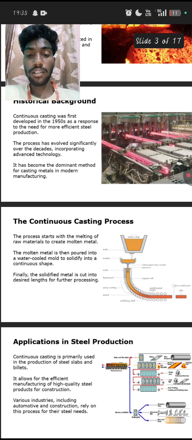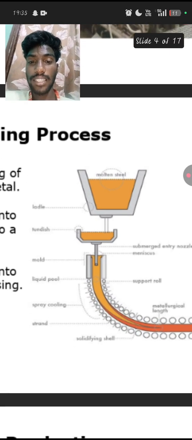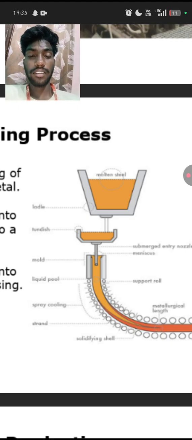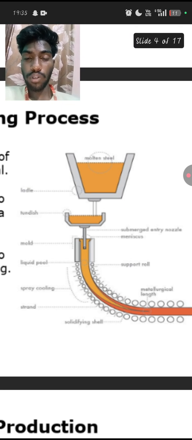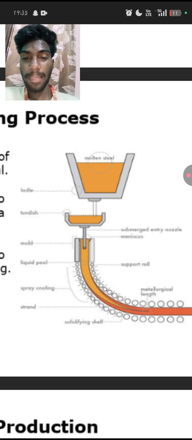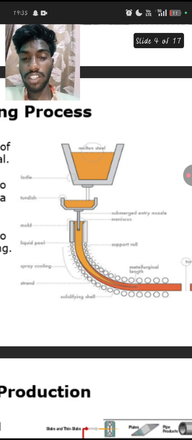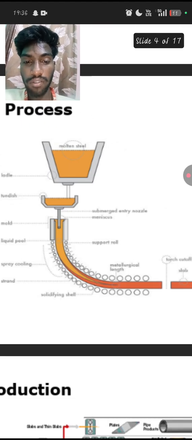Let us have a look at the continuous casting process. In the diagram, at the top, there is a kind of bucket, a ladle, which is open and contains molten metal. It slowly pours into a semi bucket, which again pours through a tube into the mold liquid pool, where it is cooled and forms a solidifying shell.